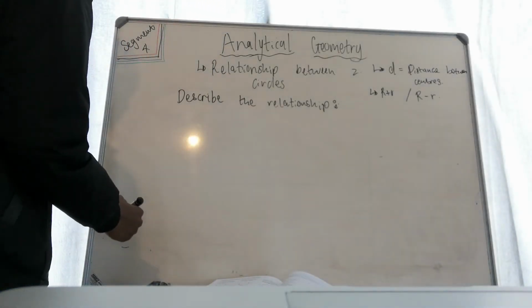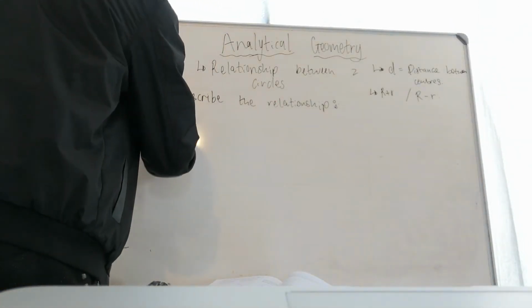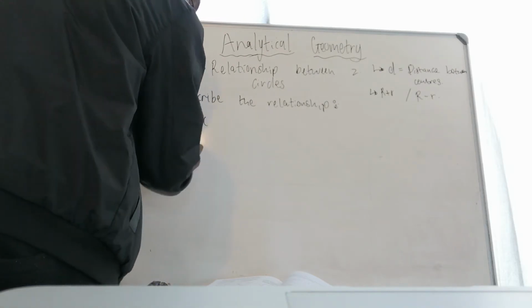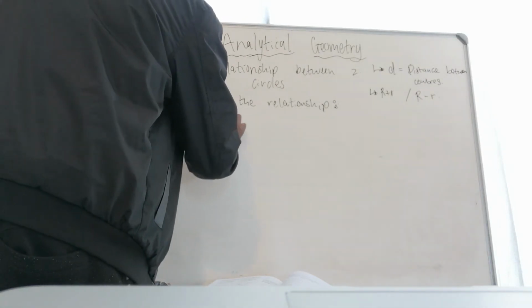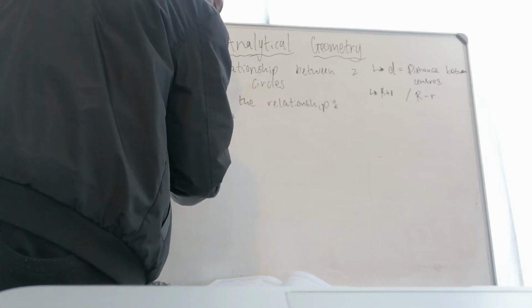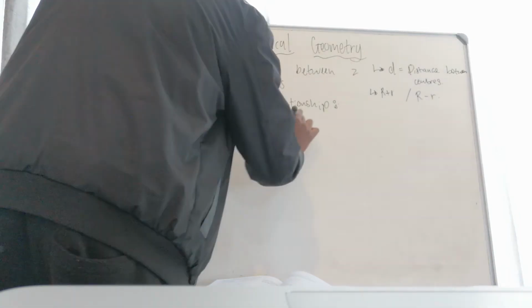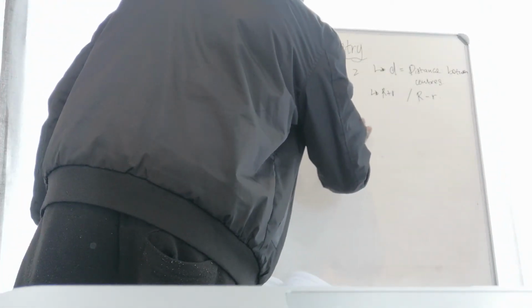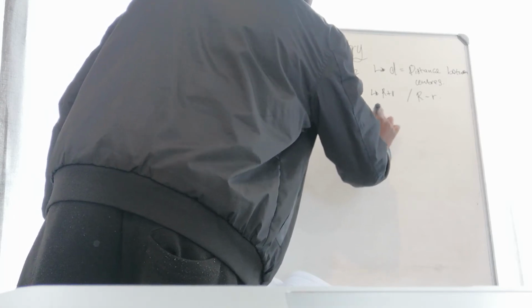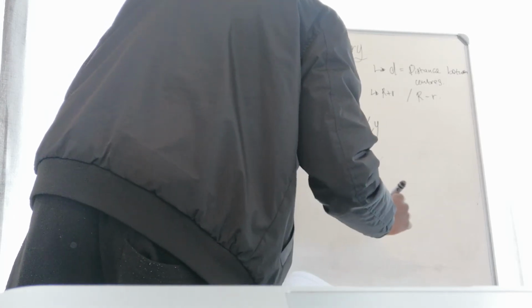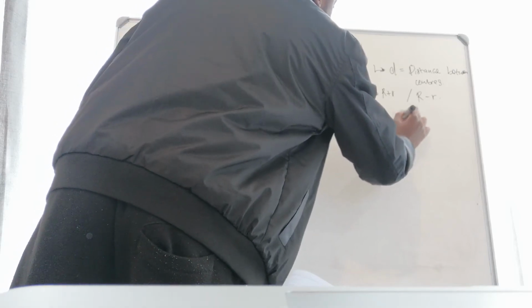Oh, there's another one here. Number 2, (x + 2)² + y² = 4. (x − 3)² + (y + 3)² = 9.